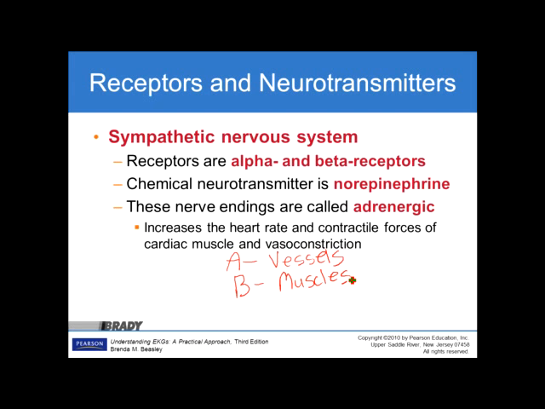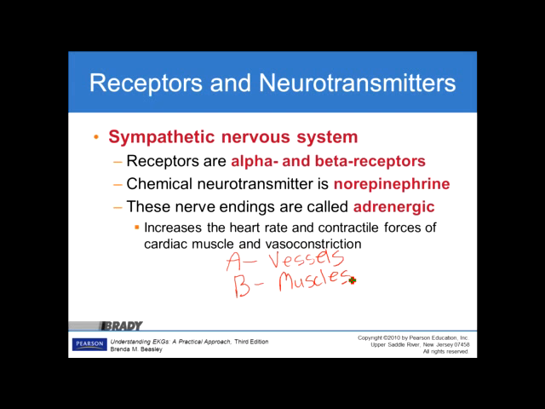Examples: an alpha-1 stimulant would increase the stimulation to the alpha-1 receptor site and cause vasoconstriction, or constriction of the vessels. An alpha-2 does just the opposite of that and kind of helps us eliminate or inhibit norepinephrine.